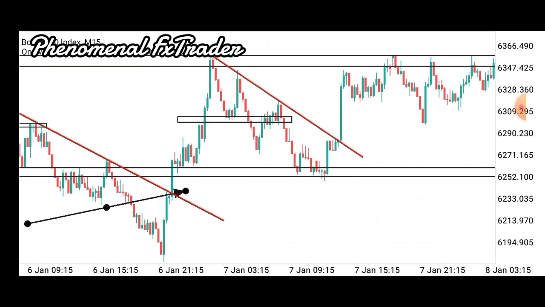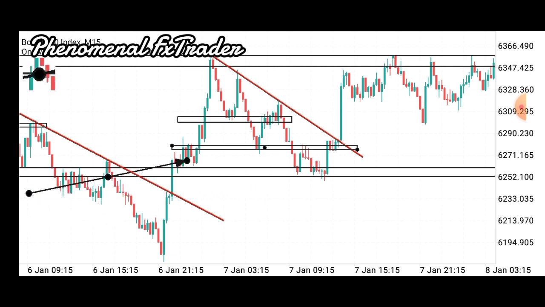If you look closely, you will see there was a zone here, a zone at this point which the market respected and finally broke above it. You can see the market sold from here, bought from here, sold from here. Then this major spike broke above this zone. The market tried to consolidate and then continued buying.